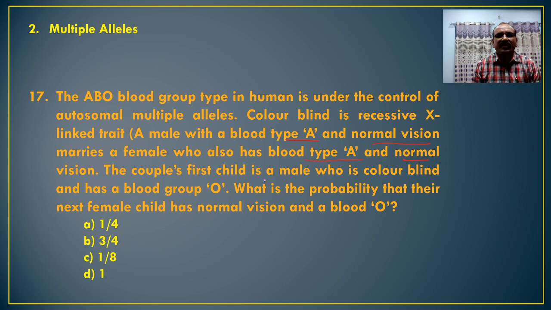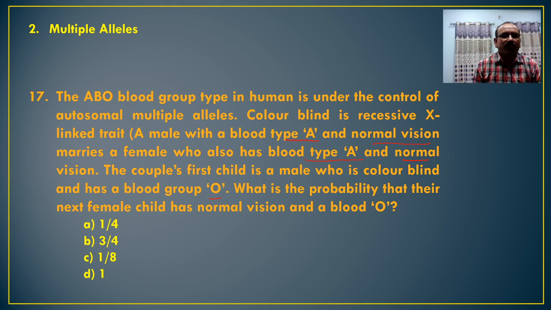The couple's first child is a male who is colorblind and has blood group O. Now, what is the probability that their next female child has normal vision and blood group O?